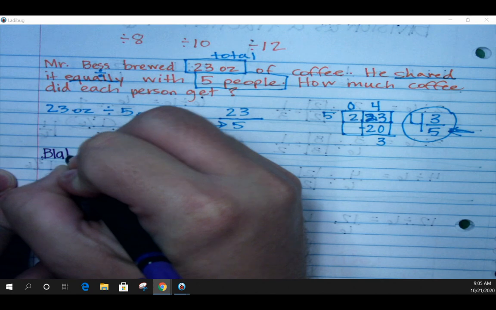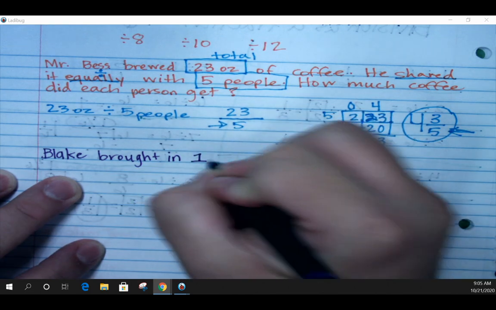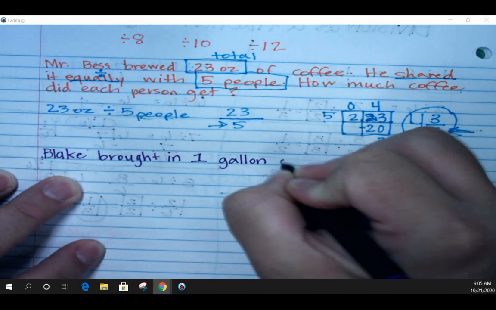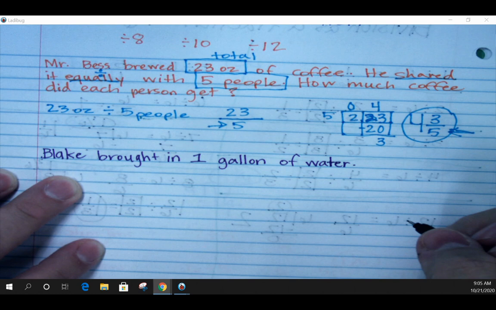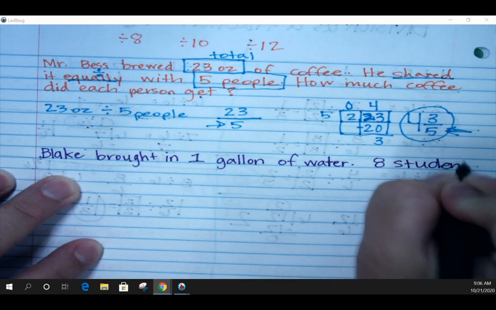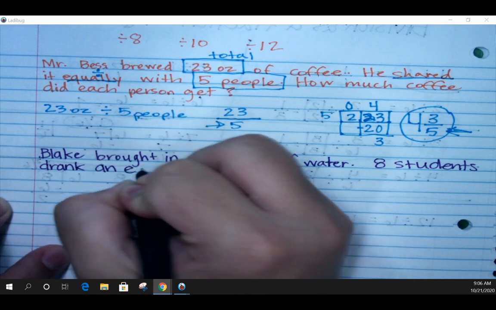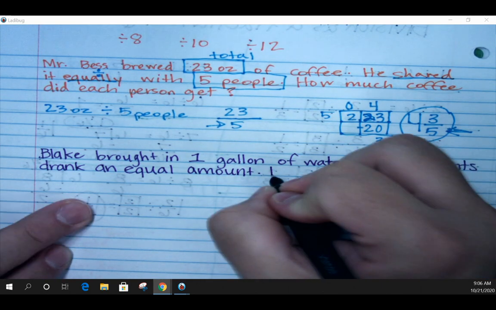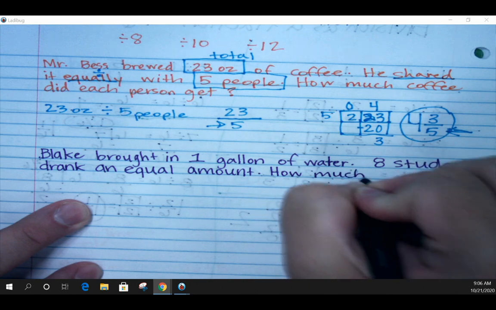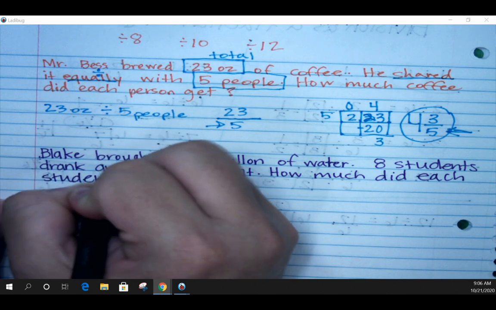Blake brought in 1 gallon of water. 8 students, now I got my 8 going on, drank an equal amount. How much did each student drink?